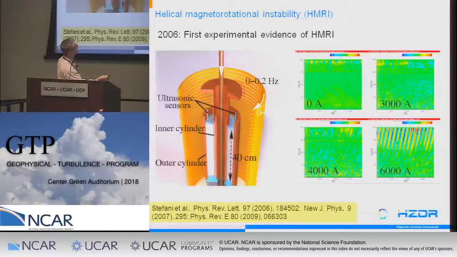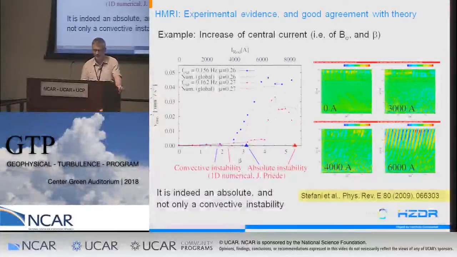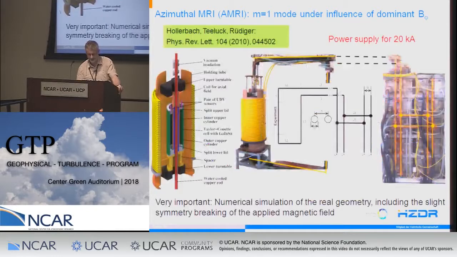And as you see here, the traveling wave of the helical MRI appears only at approximately 5,000 amps current through the middle, and we have good correspondence in several parameter variations between theory and experiment.